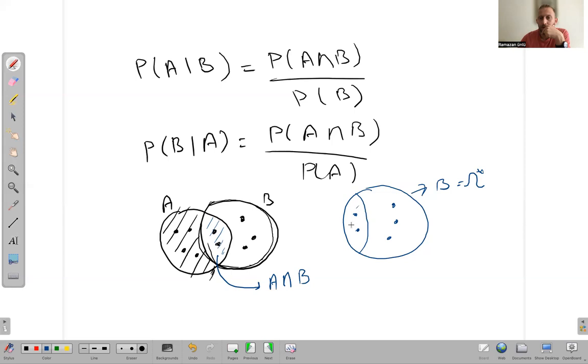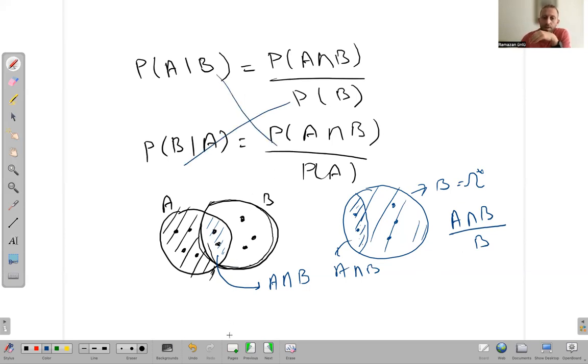This part is A intersect B. So what is the probability of getting these points? Simply this part divided by the whole part. This part corresponds to A intersect B, and the whole part is B. Please try to understand the logic behind this formulation and don't memorize these things.